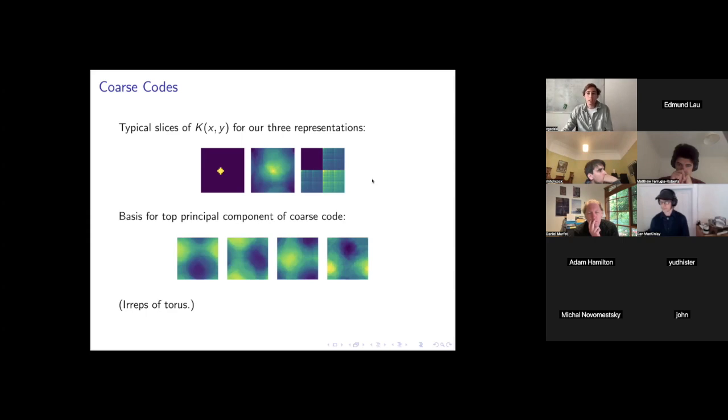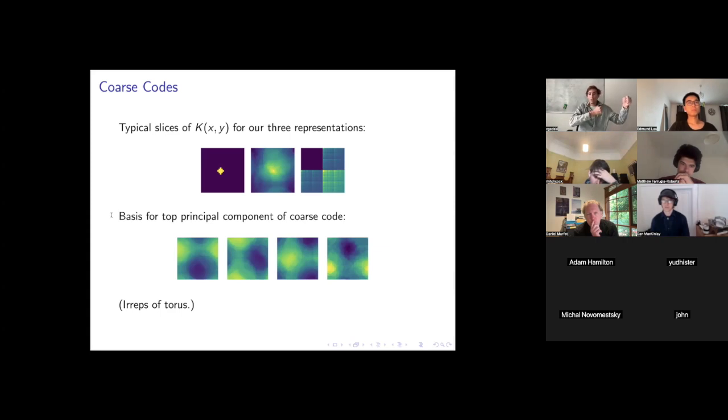Another fun thing to keep in mind, just a litany of little facts about coarse codes at this point. If I take this coarse code and do PCA, so I generate a bunch of points on the torus, send them through my code, get a bunch of code vectors, and look at the principal components as functions on the torus, there is a relationship with the irreps of the torus.